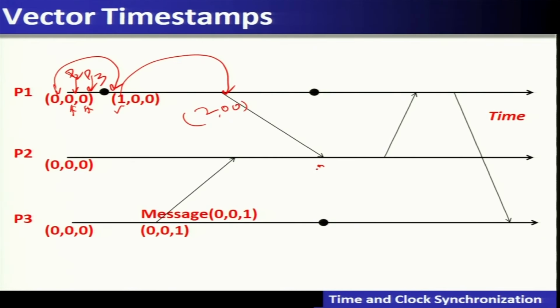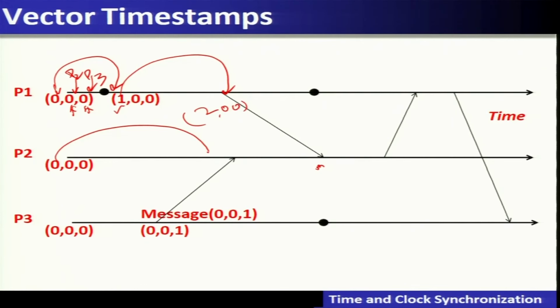Now, when the value reaches here, what will P2 do? P2 has the values 0 0 0 initially, and when it receives a message carrying 2 0 0, it will synchronize its clock.